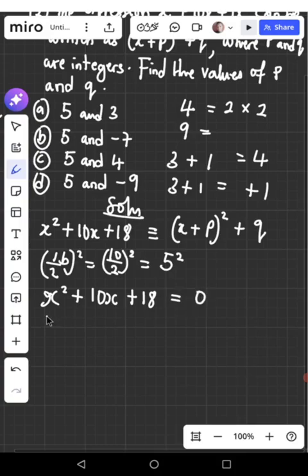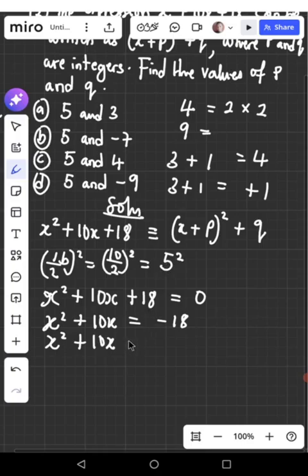So this will be x squared plus 10x, and if you take 18 to the other side, equals minus 18. x squared plus 10x. 5 squared is the number that when you add it to this expression, it will give you a perfect square.